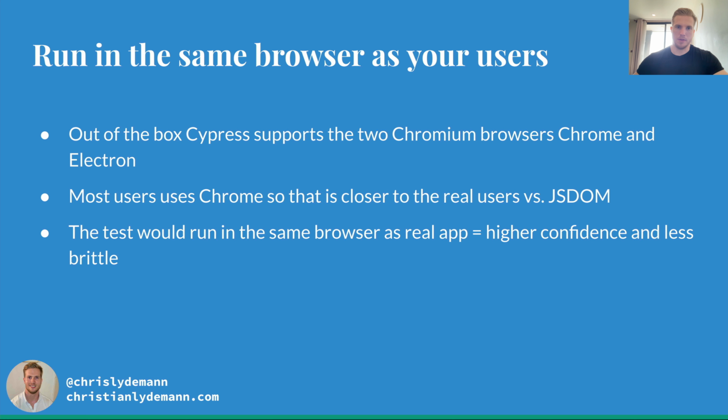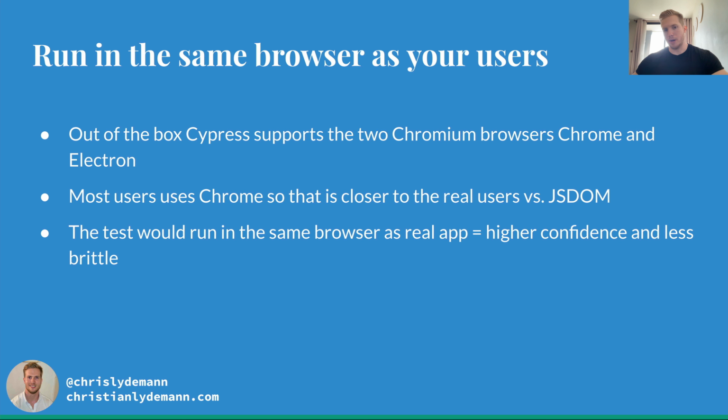So run the same browser as your users. Out of the box, Cypress supports the two Chromium browsers, either Chrome or the one from Electron. Most users use Chrome, so that is close to the real users, versus using something like JSDOM, as in the Jest approach that you'd be using. So it's better to use a real Chrome browser.